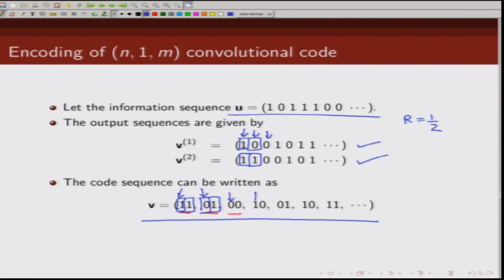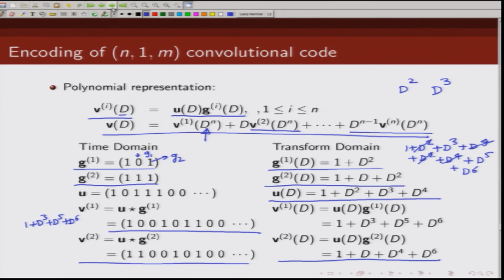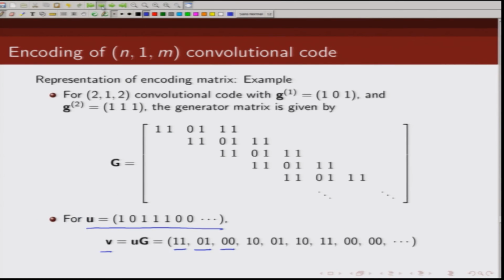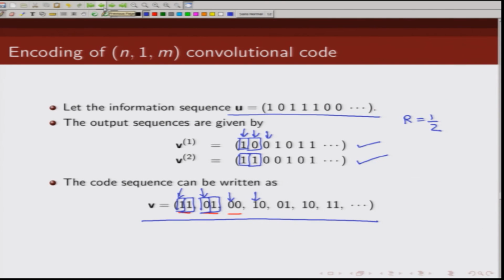So, note this is appearing every second bit, and that is why when we combined, each of these coded bits we made D raised to power n. Next, if you look here, the first coded sequence is this one, this is the output from the first coded sequence, and the output from the second sequence is this one.